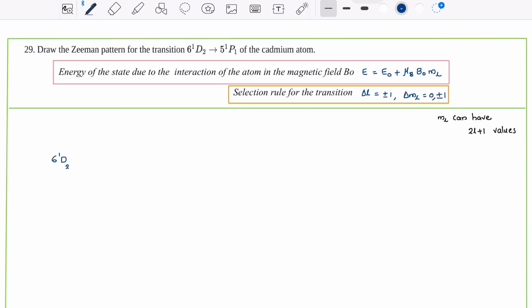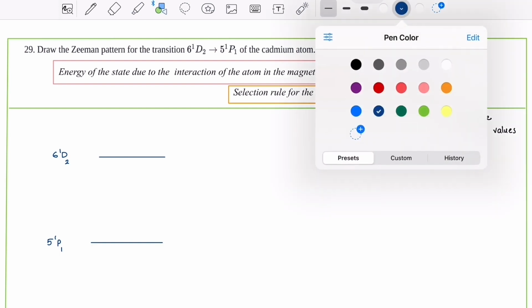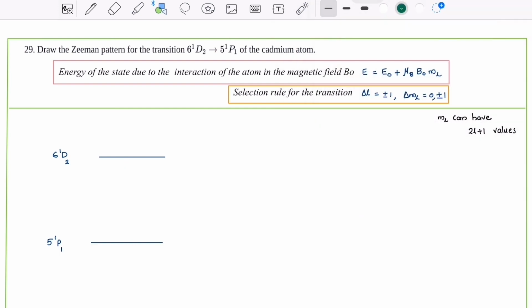Let us draw the energy level diagram corresponding to 6 1D2 and 5 1P1. For 1D2 level, we know that the value of L is equal to 2, because D corresponds to L is equal to 2, and for 1P1 the value of L is 1, and this energy level diagram corresponds to zero magnetic field.